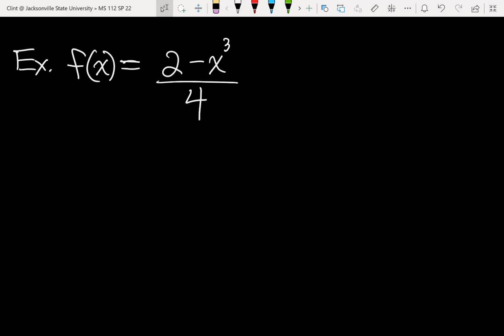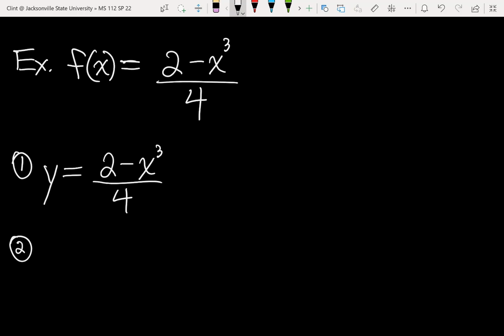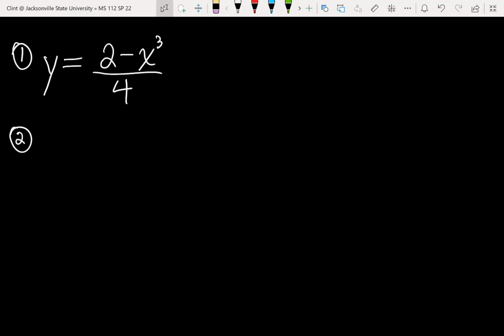So the only part on this one that looks a little bit different is that the whole thing's over 4. I just want to refresh your memory on what to do there. All right, y equals 2 minus x to the third over 4. Then we need to switch x and y, so x equals 2 minus y to the third over 4.